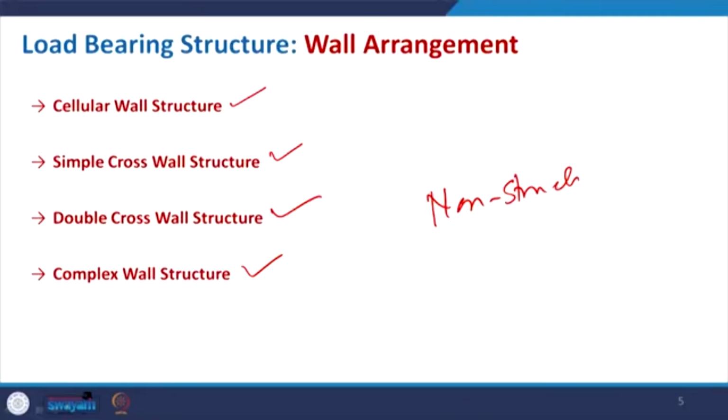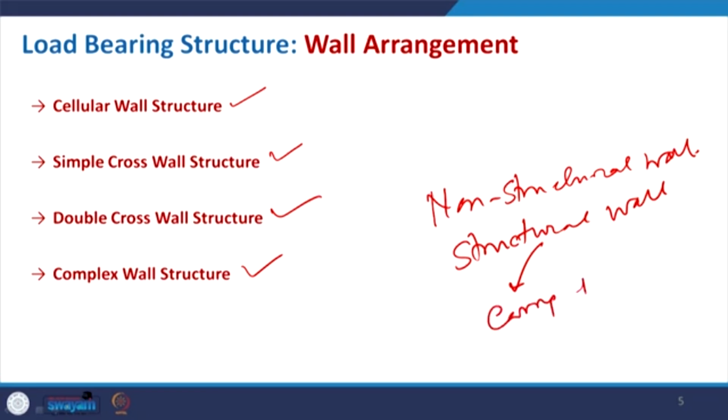Those are also referred to as non-structural walls. So, we have two things into consideration. One is the structural wall, which will carry the load, and the other one, mainly the partition wall that we can create for some purpose, which is not carrying the load.